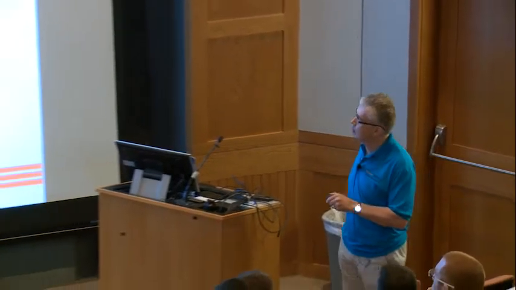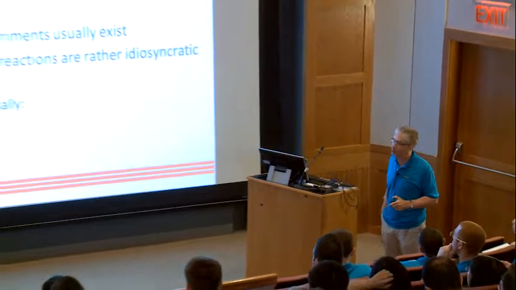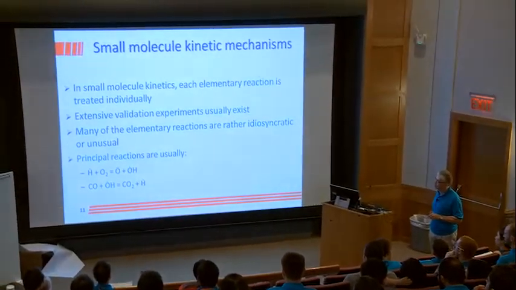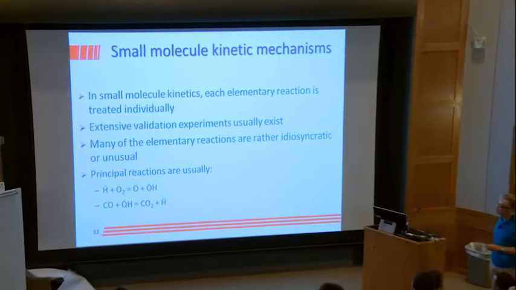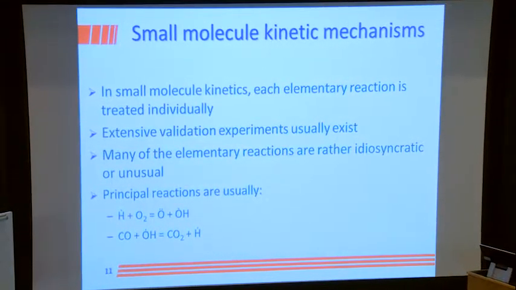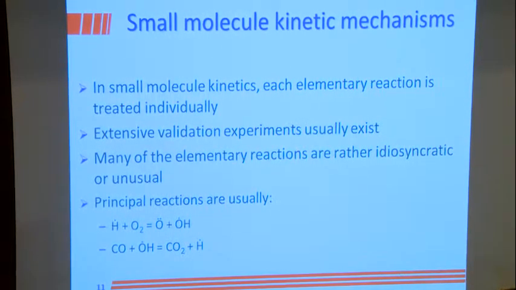Most of what I'm going to talk about today is small molecule kinetics, and each elementary reaction is treated individually. Extensive validation experiments usually exist, so many of the elementary reaction rates are rather idiosyncratic or unusual, and they have a defined rate constant.